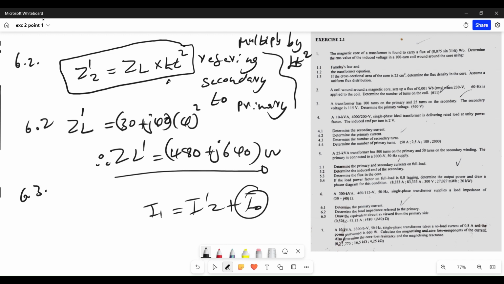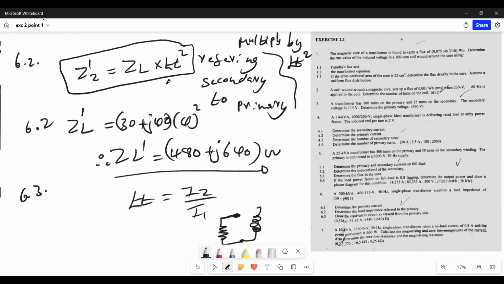Because if that's the case, the only way you can calculate KT as I2 over I1 is when you do not have the magnetic branch in your circuit.